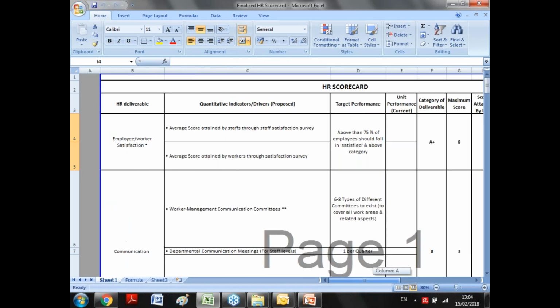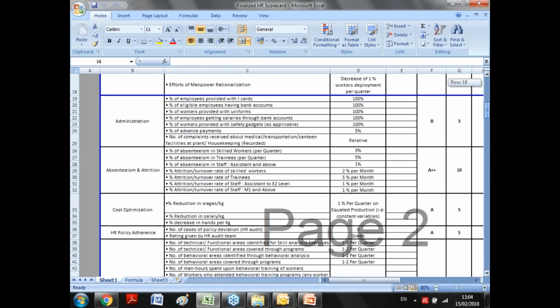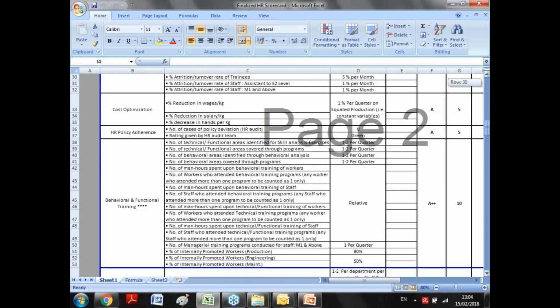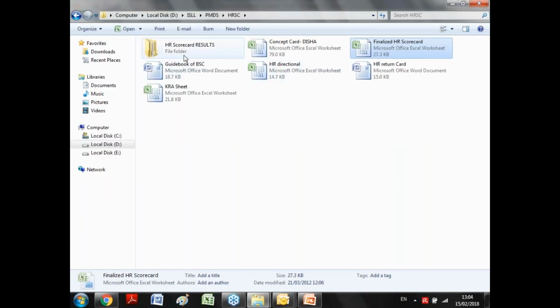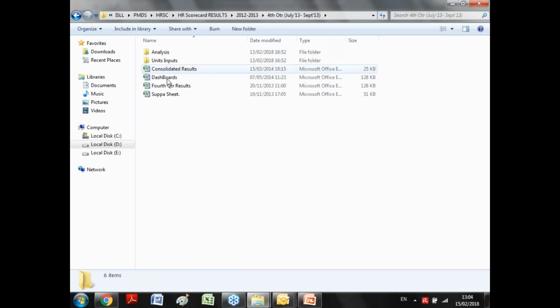In this way, we devised 23 different deliverables for the organization, and through these deliverables, we tied all the 18 manufacturing plants of the organization into one common tool of assessment. I'll now show you some results of this scorecard.